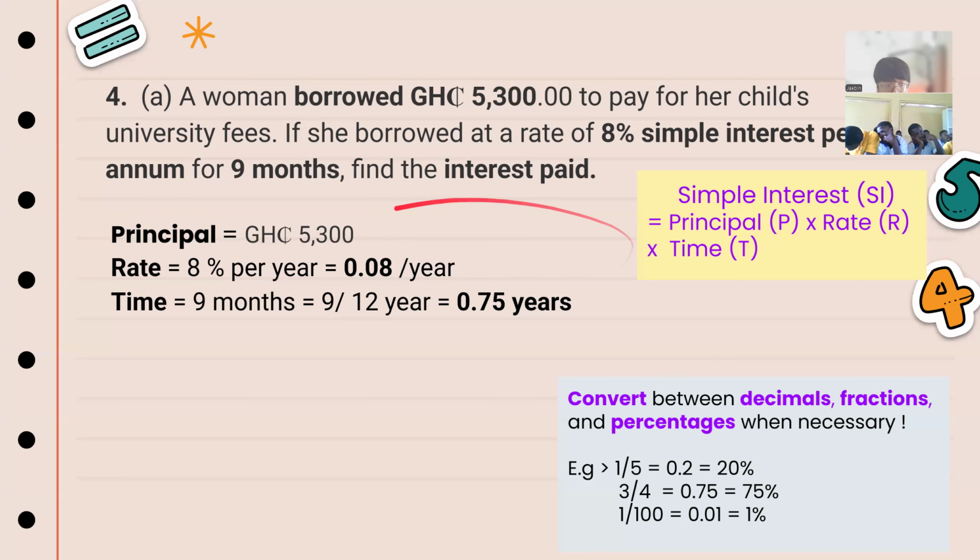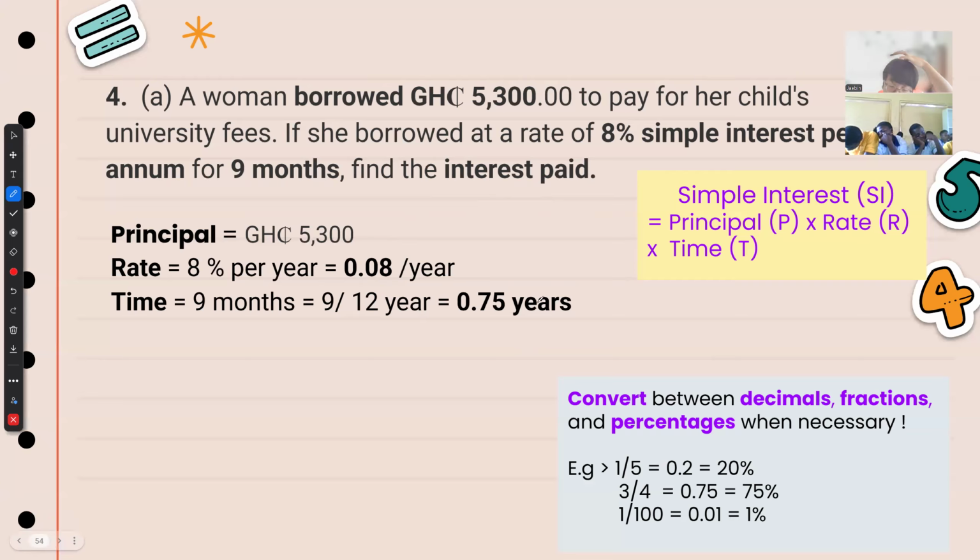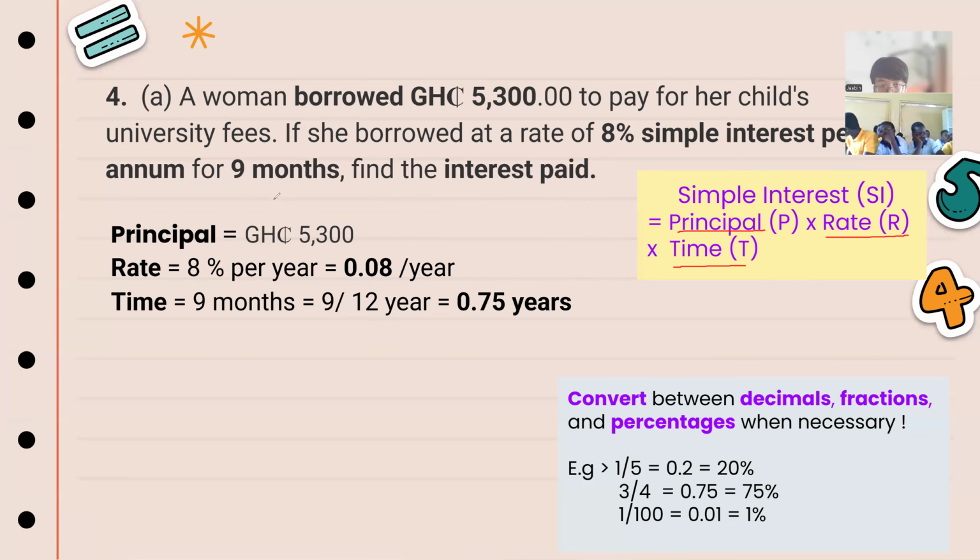So to find the interest paid, remember that you need to multiply principal times the rate times time. The principal is the amount of money started. It's 5,300.